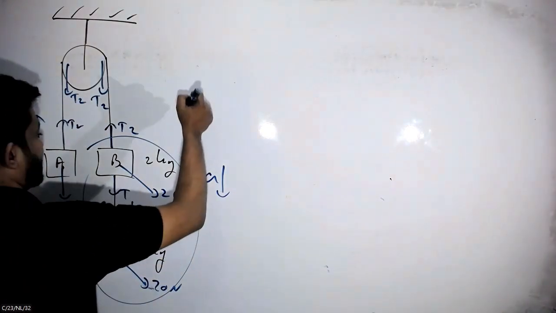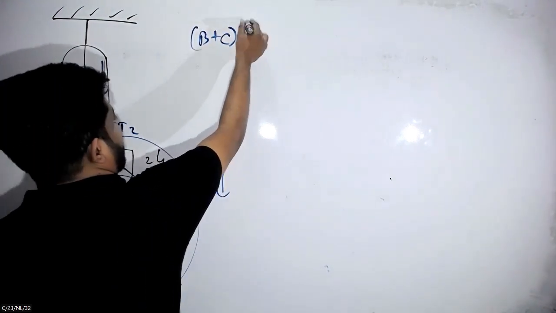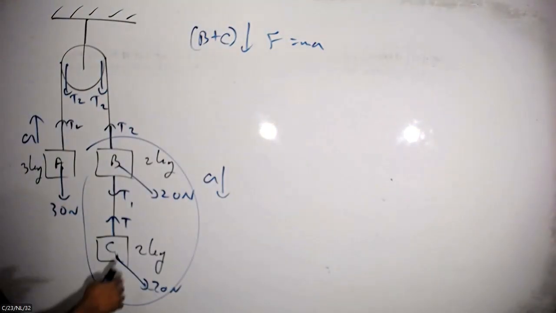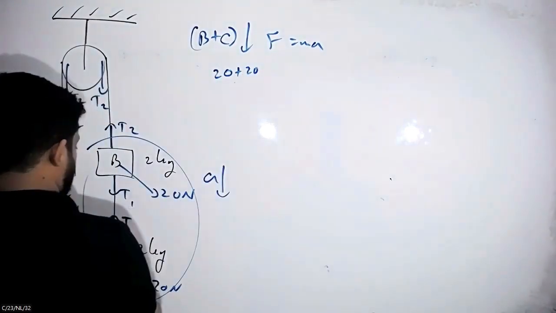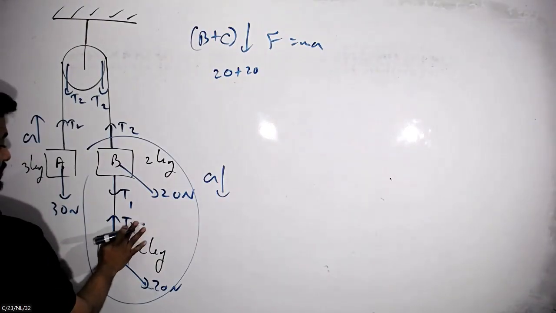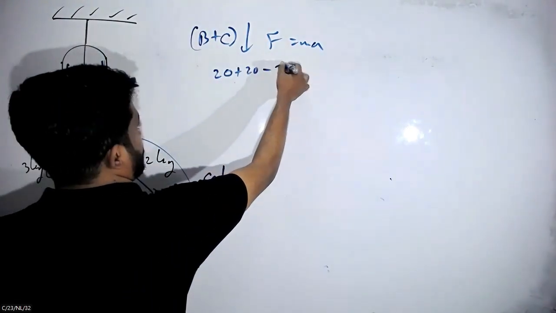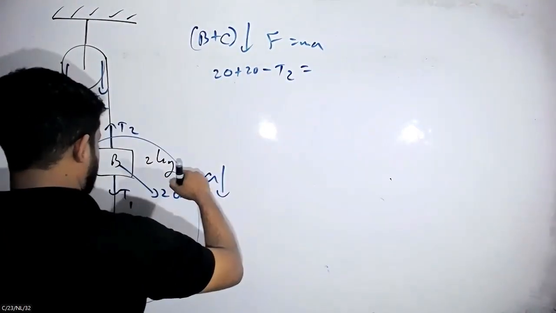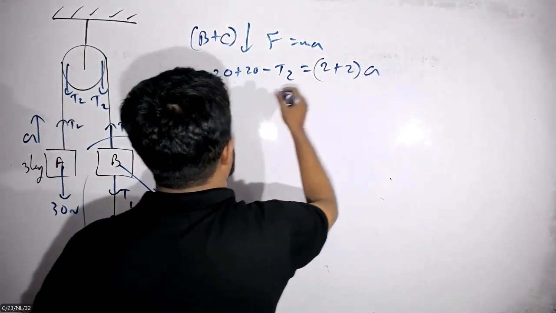Then you can apply the equation for the motion of B plus C in the downward direction. What are the forces acting on B plus C? 20 plus 20 plus T2 plus T1 minus T1 and minus T2, and then cancel, is equal to the masses 2 plus 2 into acceleration a.